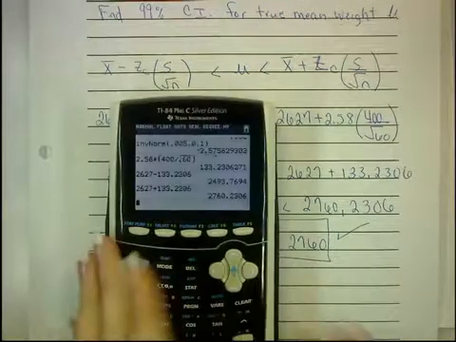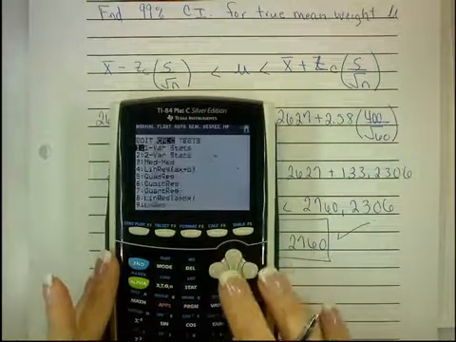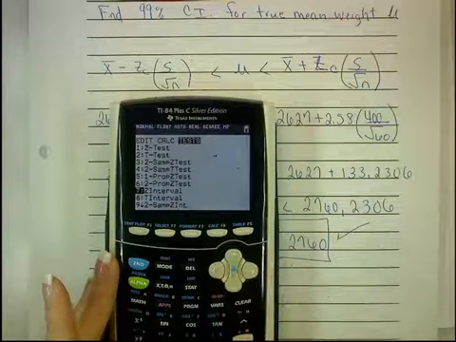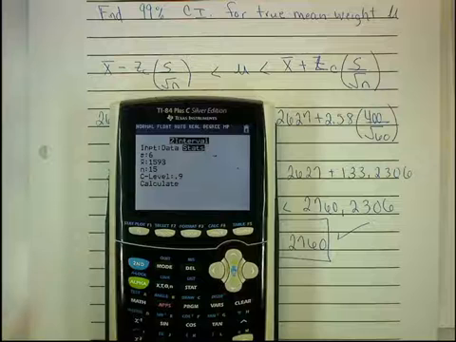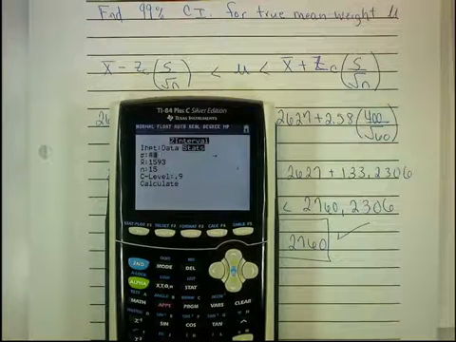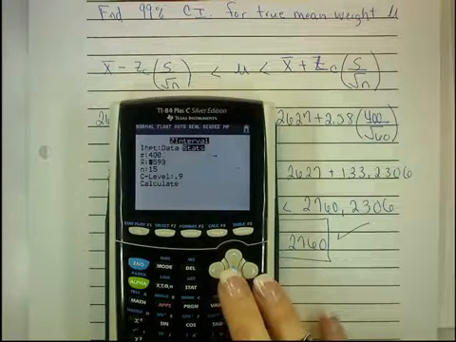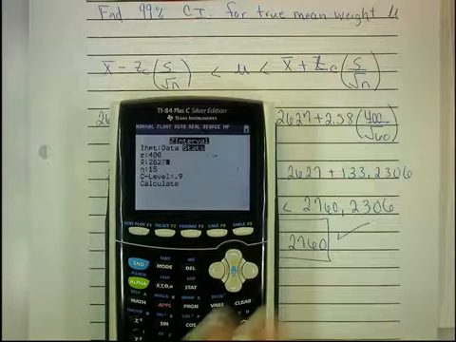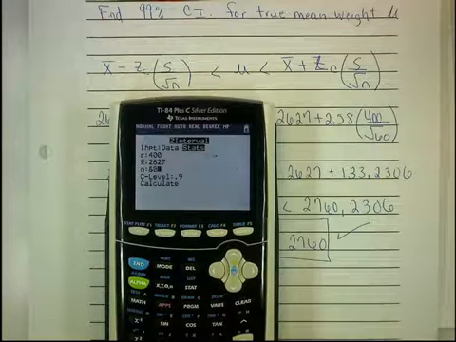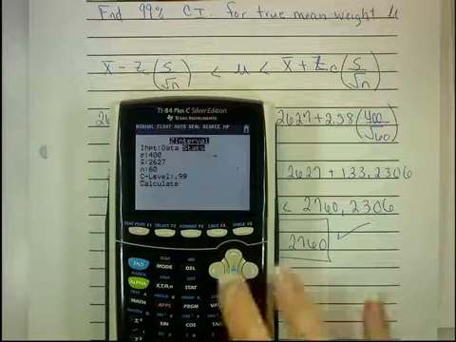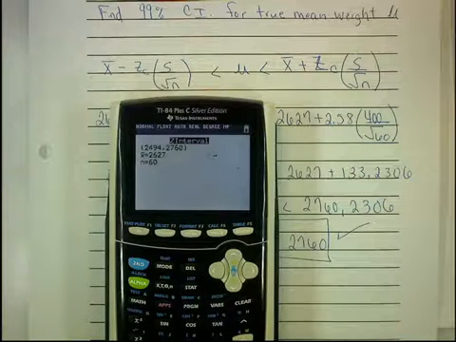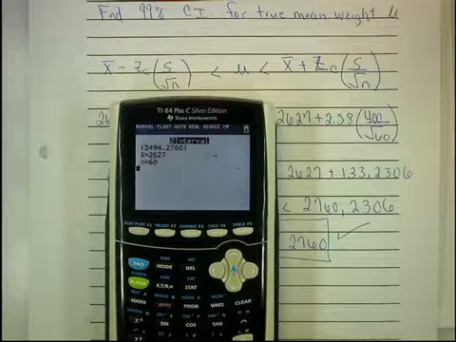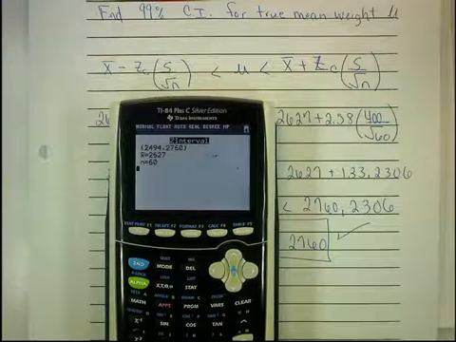Calculator. Stat. Test number 7. This is statistics. Now they did not give sigma, but they did give S of 400. X bar is 2627. Sample size is 60. C level is 0.99. And calculate. 2494, 2760 exactly.